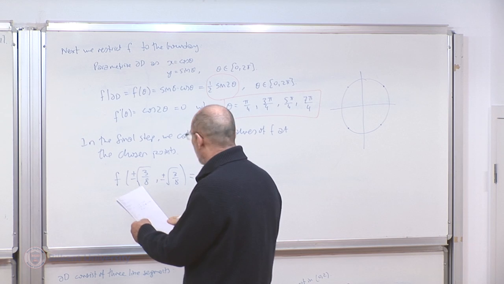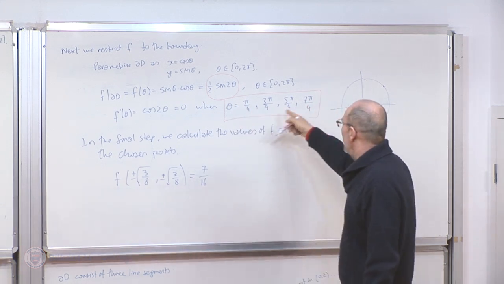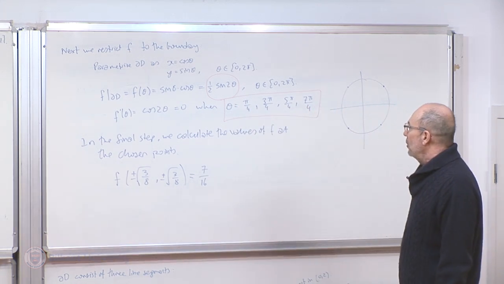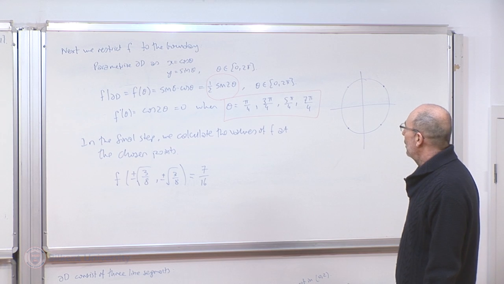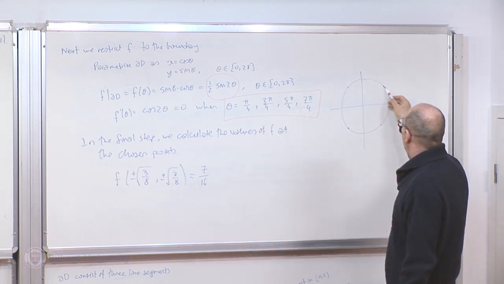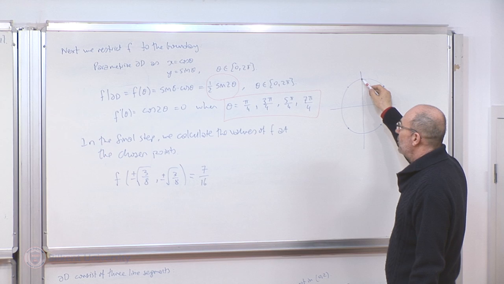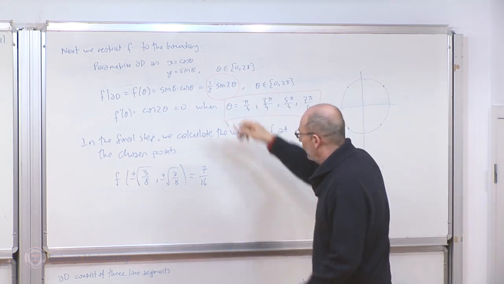Then I calculate the value of f at these points. But the value of f at these points is easy, okay, because if I have this twice theta is here, f is equal to 1 over 2.